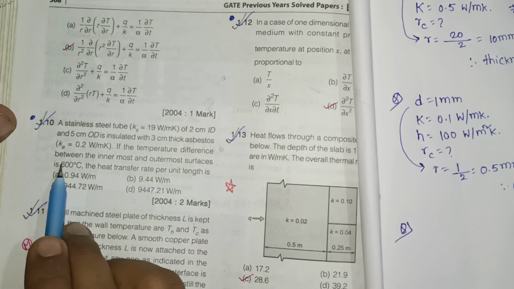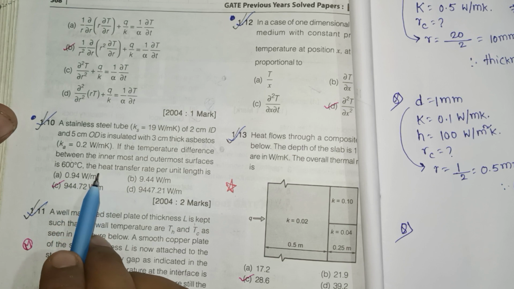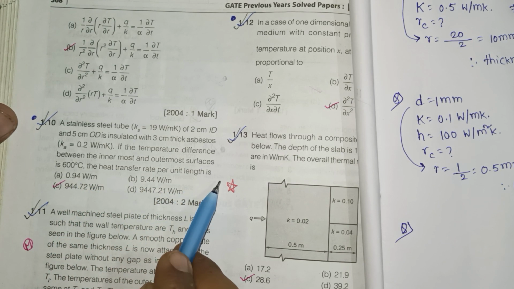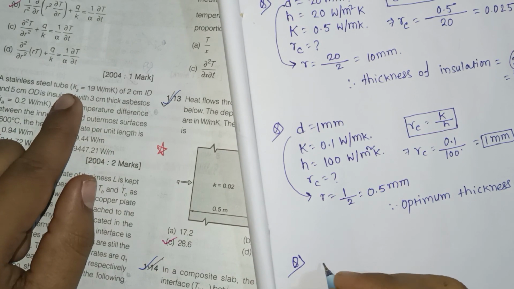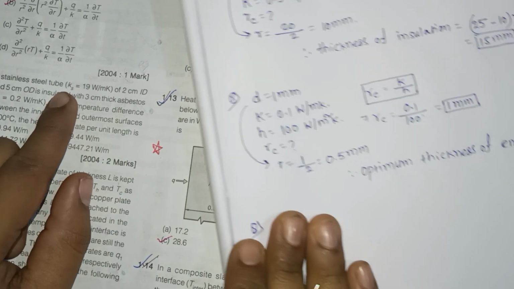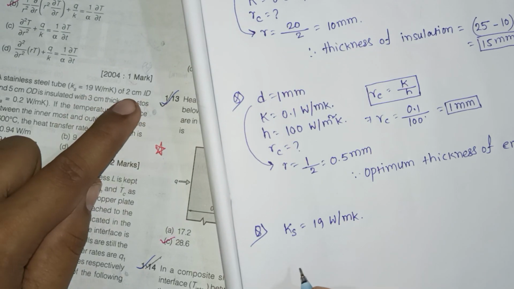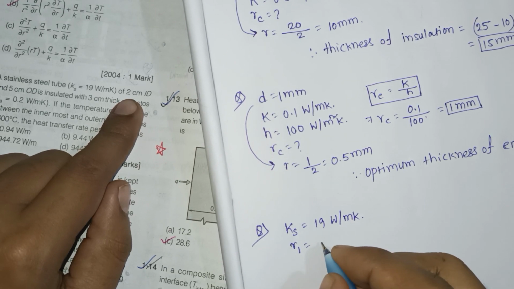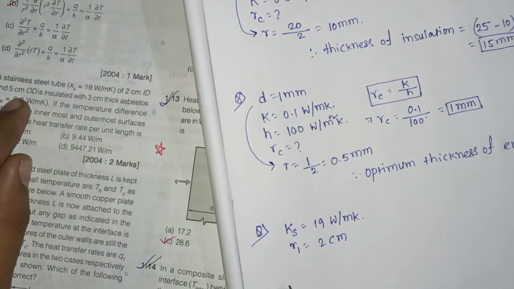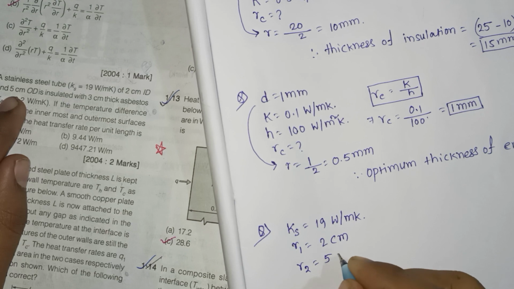If the temperature difference between the innermost and outermost surfaces is 600 degrees Celsius, the heat transfer rate per unit length is. So what is given? Stainless steel tube KS is 19 watt per meter Kelvin. Inner diameter R1 is 2 cm, and outer diameter R2 is 5 cm.